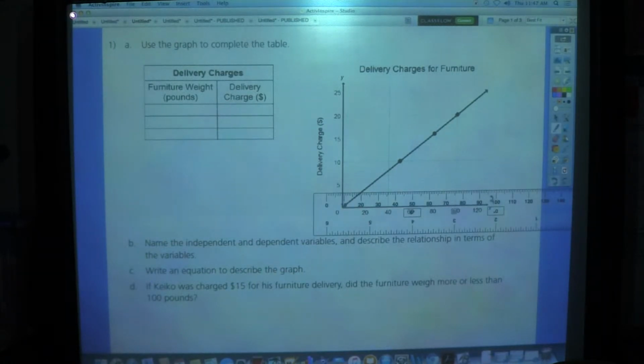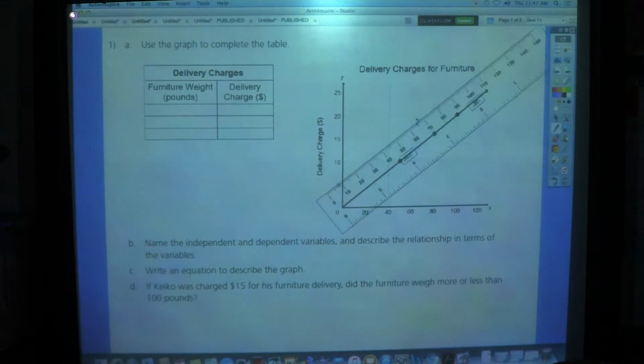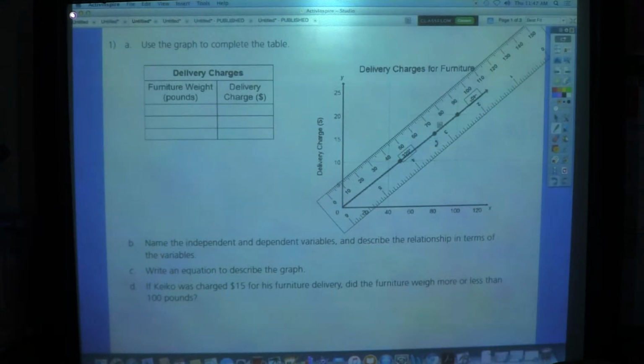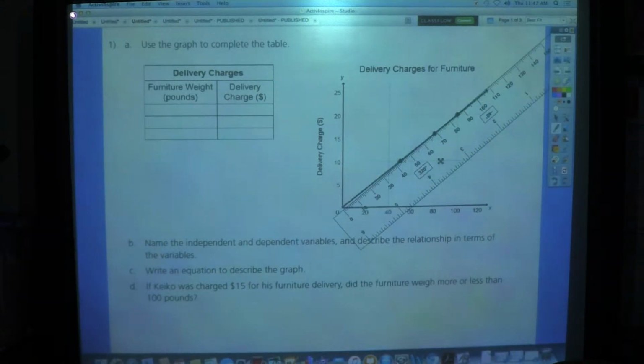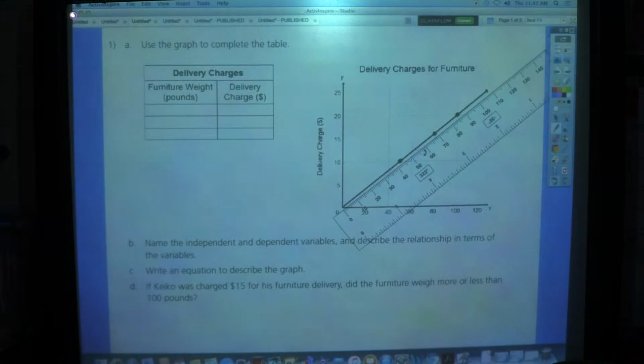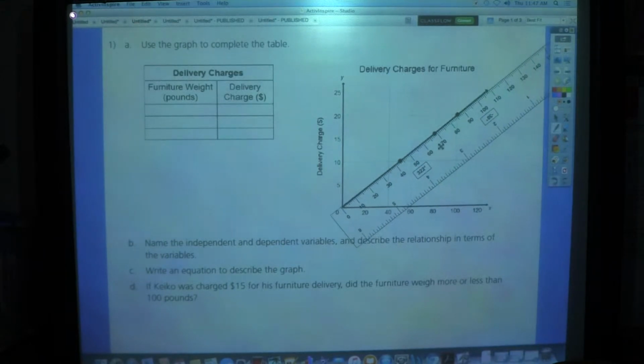If I take this ruler and hold it against that line, you'll notice that it doesn't have any peaks and valleys. It just lines up straight with the edge of that ruler. So this is a straight line because we're dealing with a linear equation here. Okay, so I'll go ahead and get rid of our ruler.